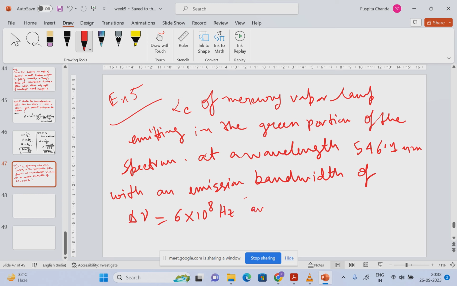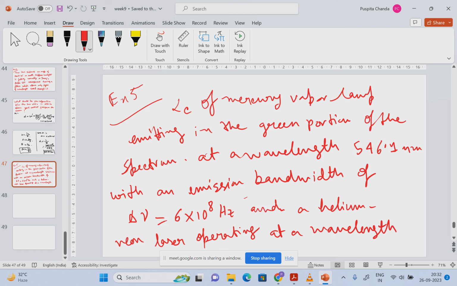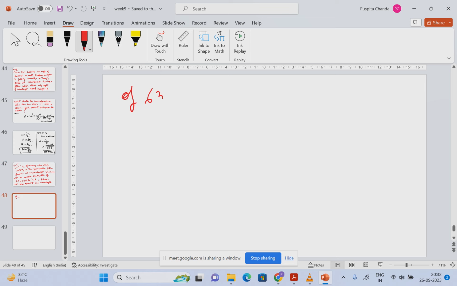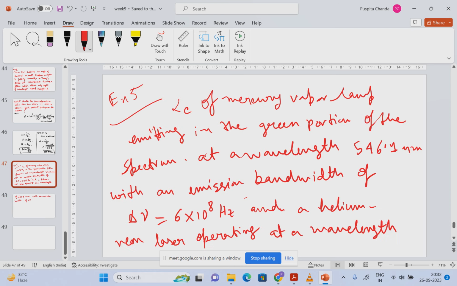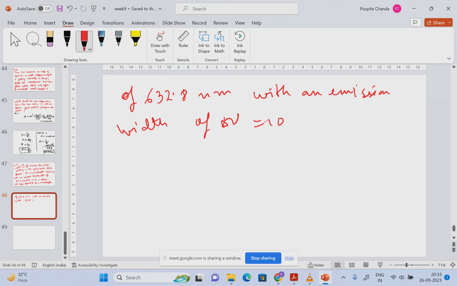And a helium neon laser is operating at a wavelength of 632.8 nanometer with an emission width of delta mu 10 to the power 6 hertz.